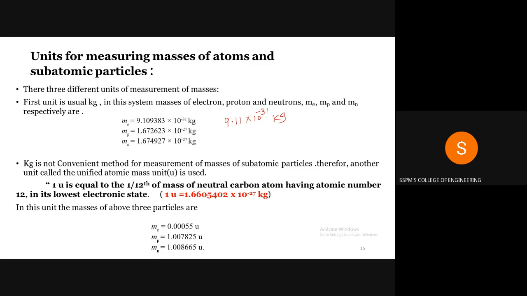What is unified atomic mass unit? One atomic mass unit is equal to 1 by 12th of the mass of a neutral carbon atom having atomic number 12 in its lowest energy state. Take the reference as the mass of neutral carbon atom, 1 by 12 of it, in its lowest atomic state.